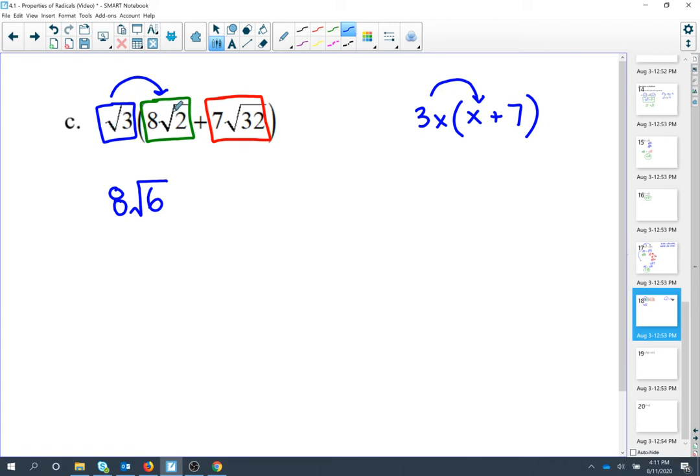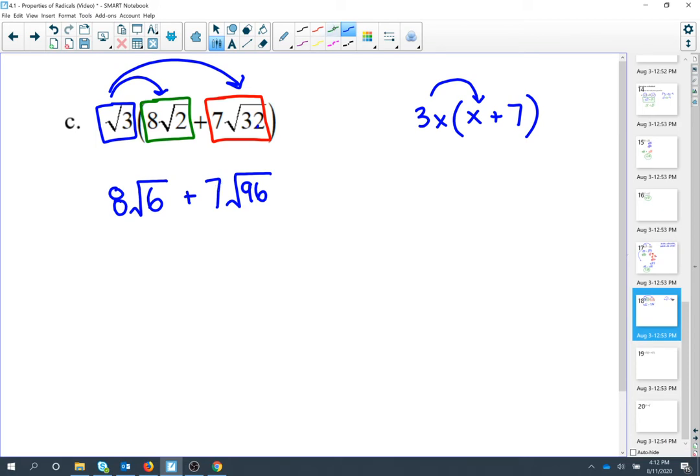So 8 root 6. Now we're going to distribute the root 3 to the 7 root 32. So plus, and again, inside, inside. So we're going to take 3 times 32, which is 96. And then the 7 is on the outside, so we leave him on the outside.